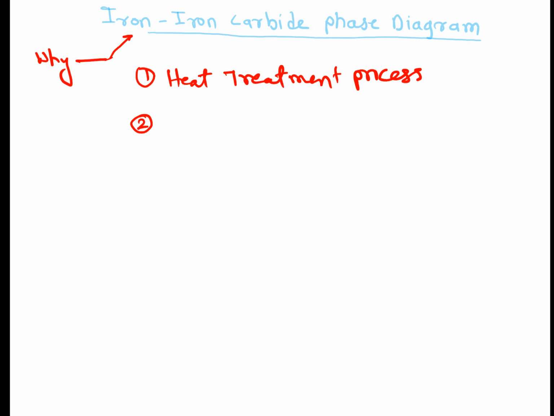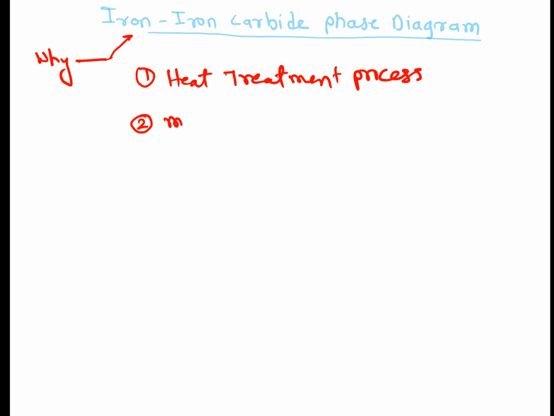The second reason is that as mechanical engineers, we are all interested in the mechanical properties of any component, and those mechanical properties come from the microstructure of that component.